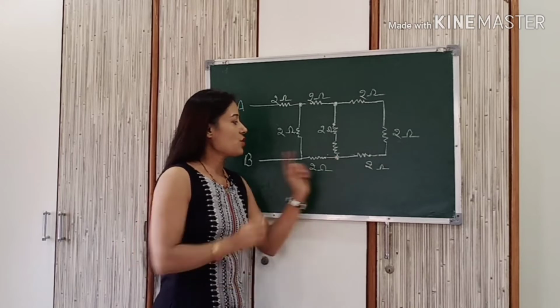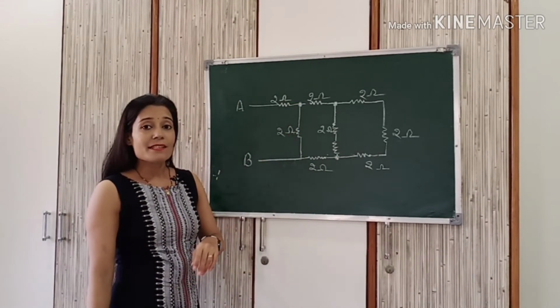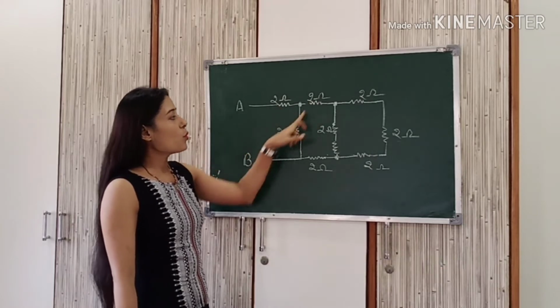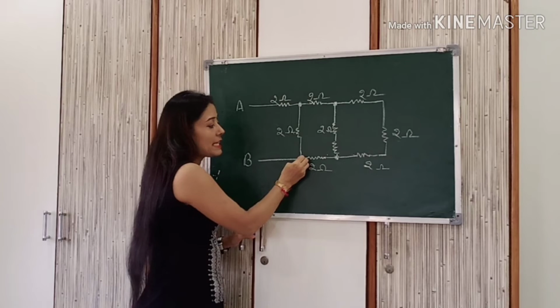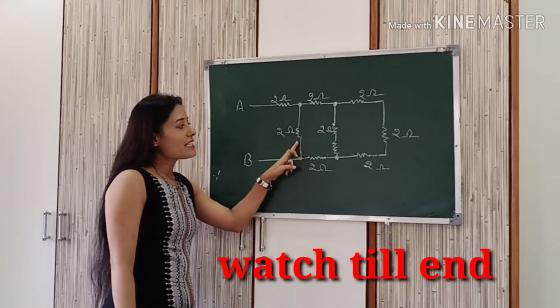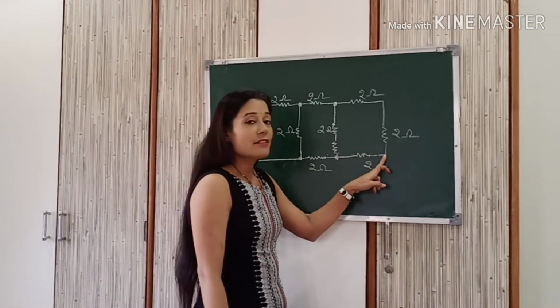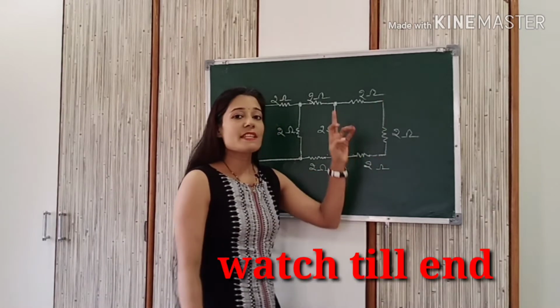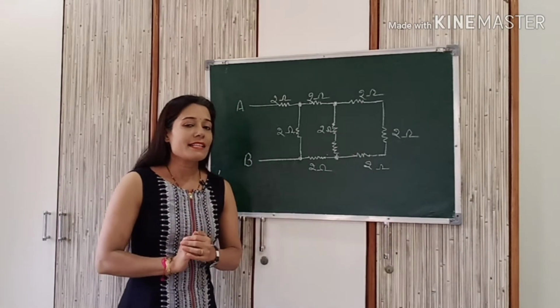So this point is a junction. This point is also a junction because three resistances are connected here. But see, this point is not a junction because only two resistances are connected. And similarly, this point and this point are also not junctions because only two resistances are getting connected at these points.